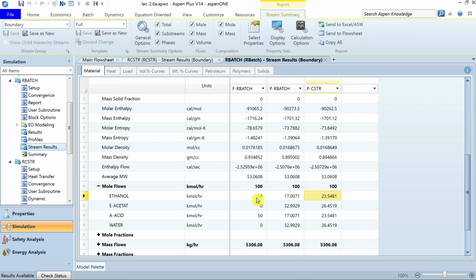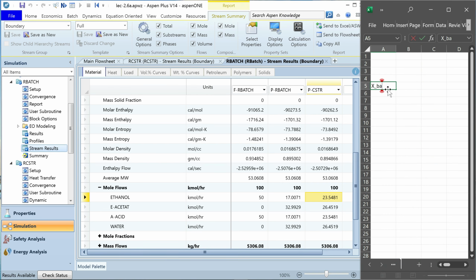Let's calculate how much is the conversion in both of these cases based on the continuous flow rates. For that purpose, let's make room for the Excel sheet. So the conversion in case of batch reactor is equal to number of moles of ethanol entering the reactor minus number of moles of ethanol leaving the reactor divided by number of moles entering the reactor. So the fractional conversion is 0.66.